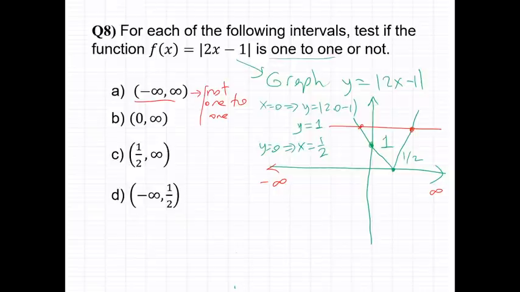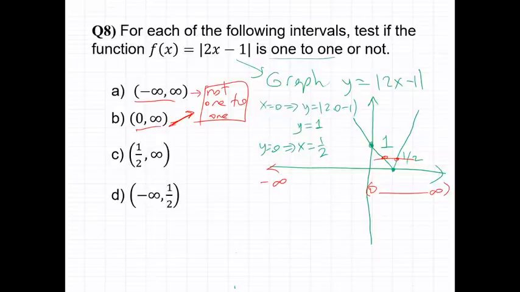Now, if you do the test only from 0 to infinity, then we have the same issue. So again, it's not one-to-one for this part.